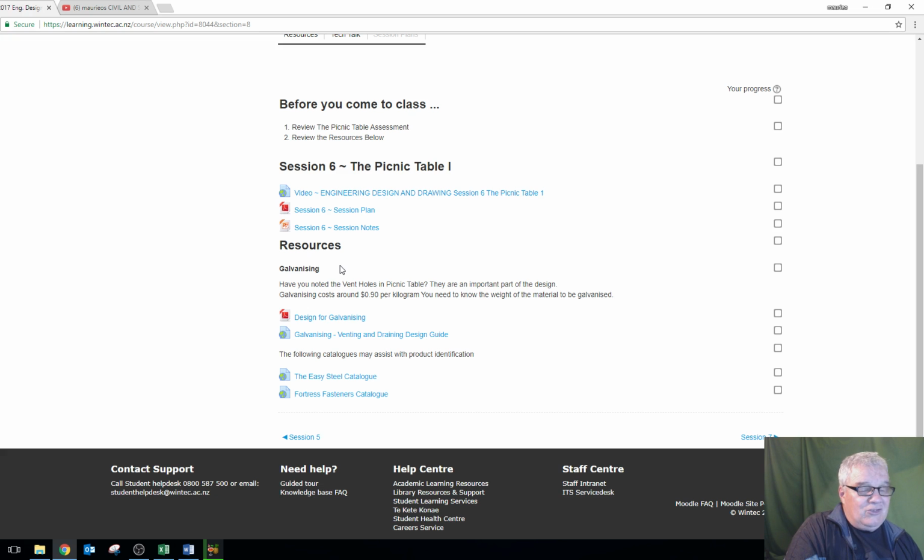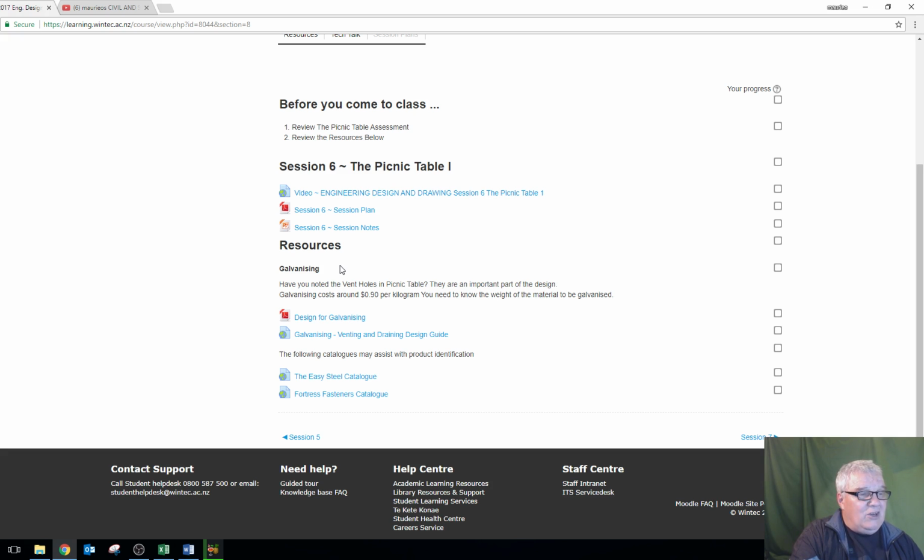So it's important that they're there. When you're measuring up the table, make sure you've located all the vent holes and got them in the design. Otherwise you could have some big problems and serious health and safety issues.